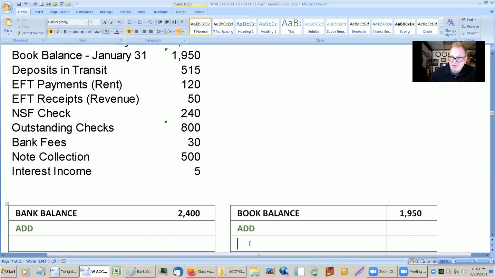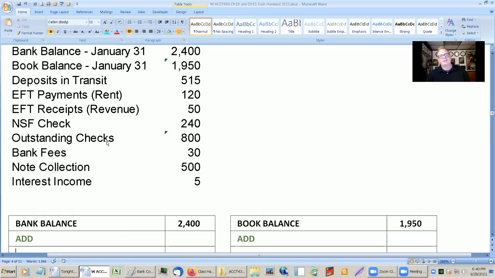There are some things the bank knows that we don't know. And usually the stuff that the bank knows, we get off the bank statement. For us, the things that we know that the bank doesn't know are usually things that have a delay, which we'll talk about right now.